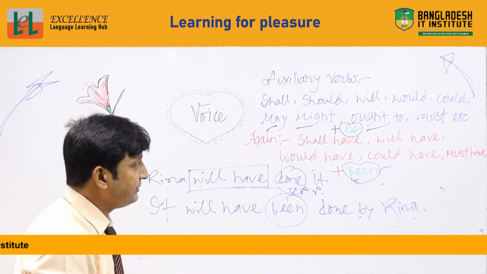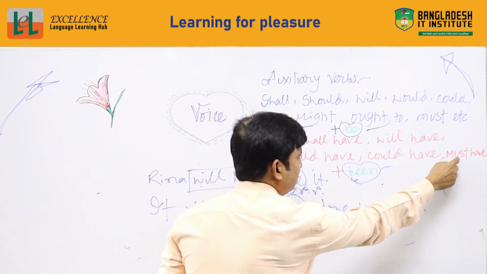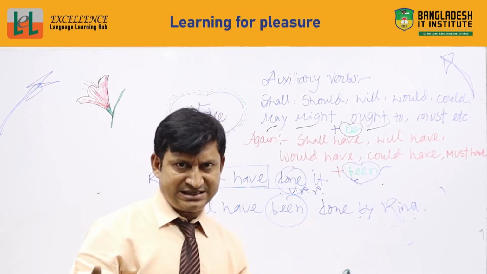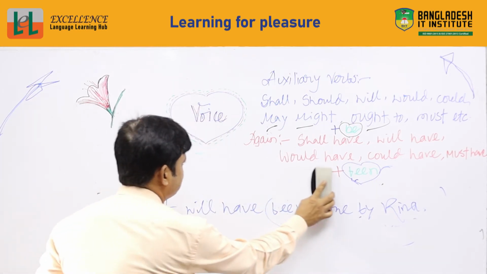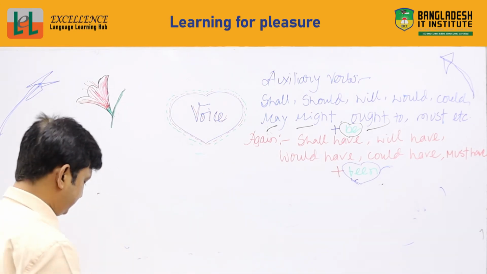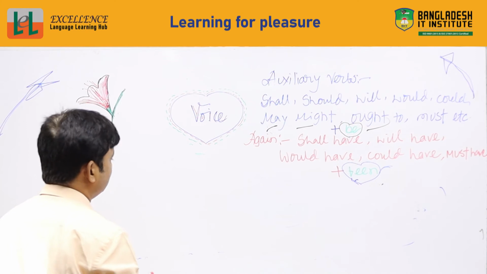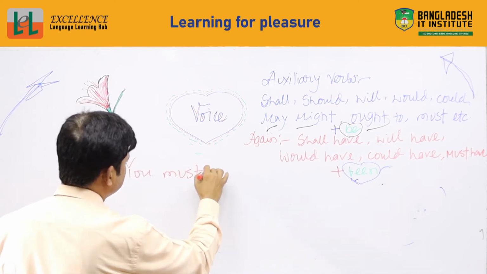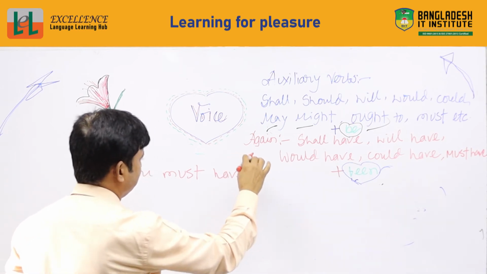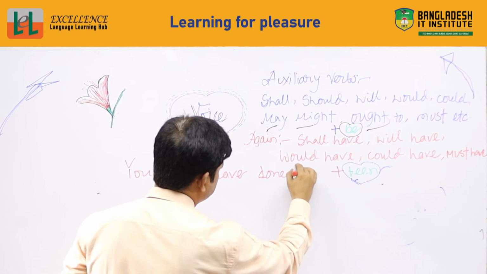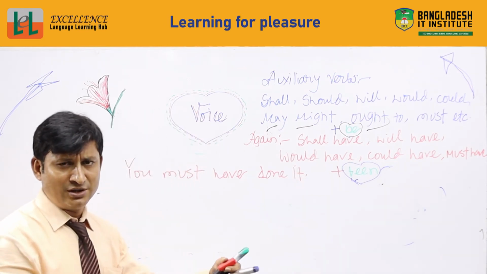Well, if you want to give an example of must have, we use must for a mandatory action actually. Okay, so for that auxiliary verb, we can use: you must have done it, like your homework or anything else.